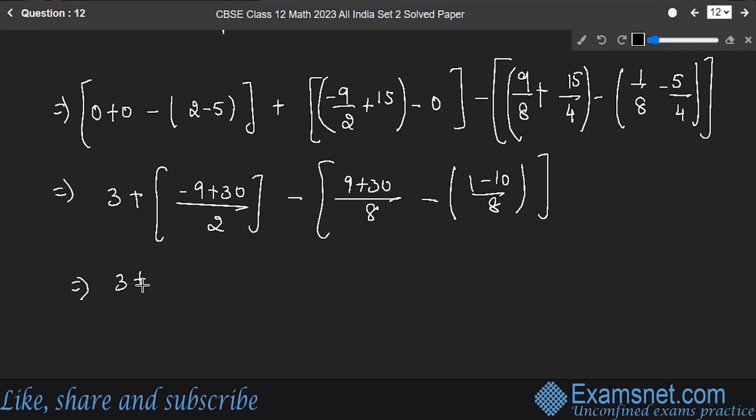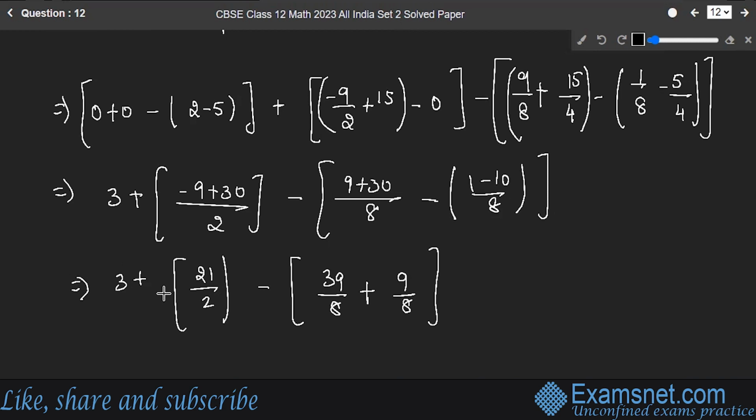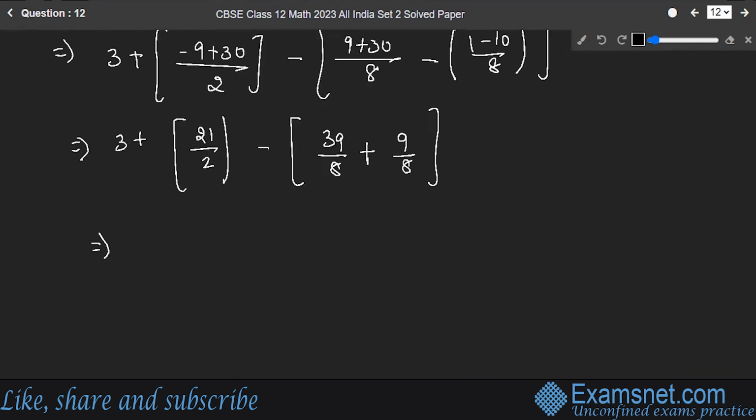And this is 3 plus 21 by 2 minus 39 upon 8 plus 9 upon 8. That is 3 plus 21 by 2 minus 48 upon 8.